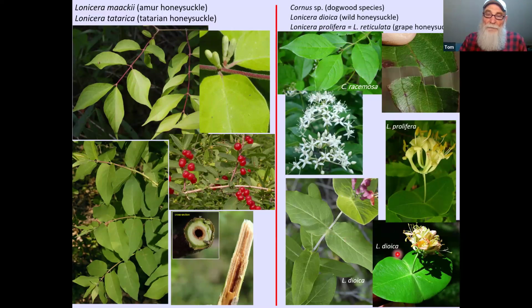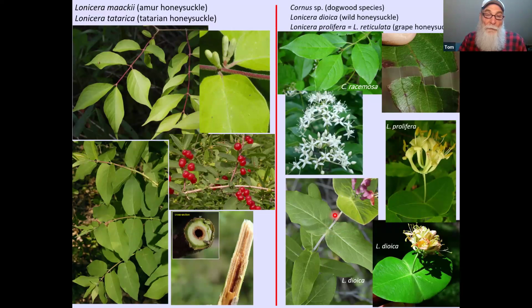And then there's a couple of native species of honeysuckle down here. Now, the native species are really easy to separate from the non-native species because the two native species of Lonicera we have in Iowa are both lianas. They're both vines. No, excuse me, I misspoke. We shouldn't call them vines, because that's the term we use for herbaceous plants. They're climbing woody plants.